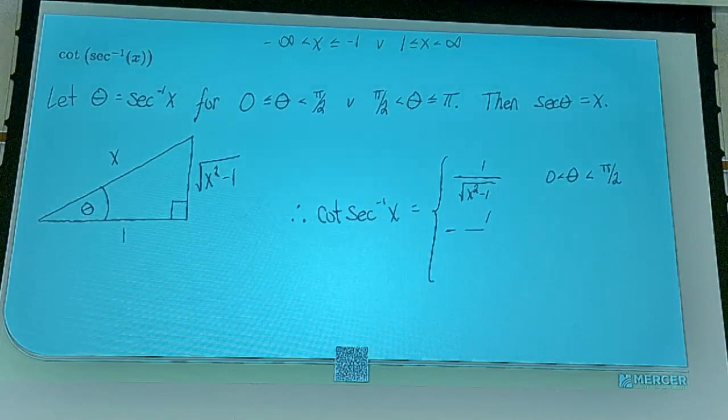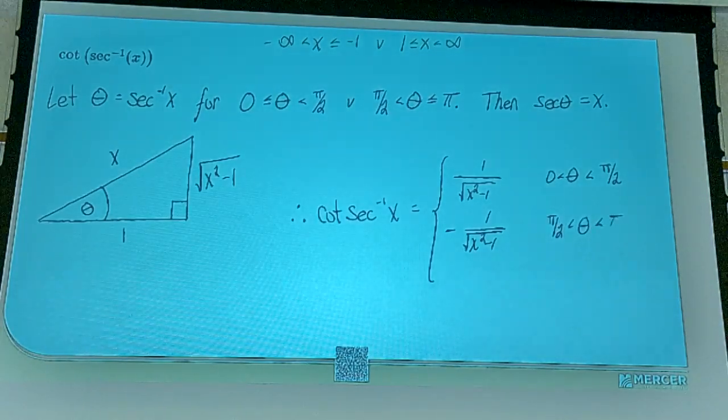It has to be negative for pi over 2 to pi, right? Because that's quadrant 2, cotangent will be negative there.